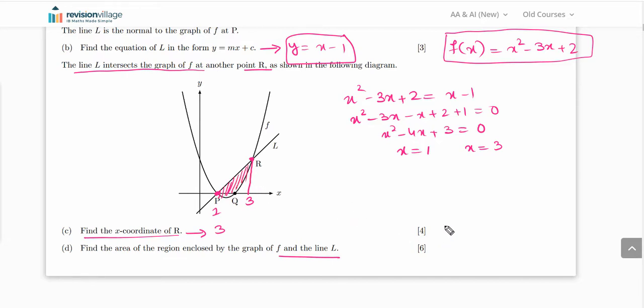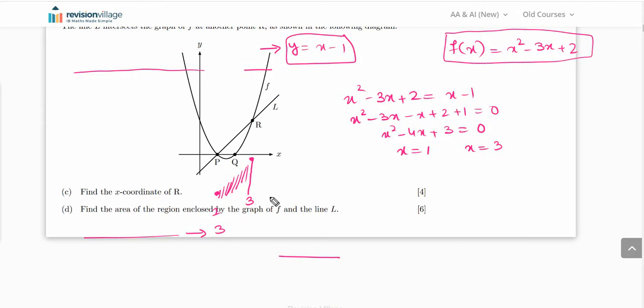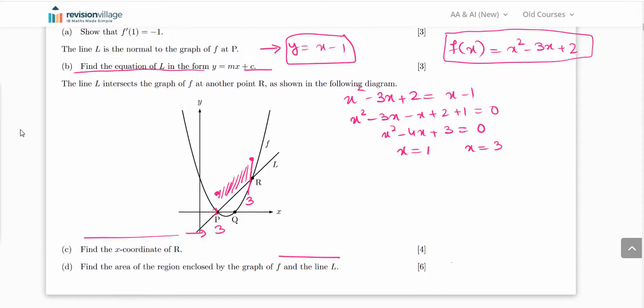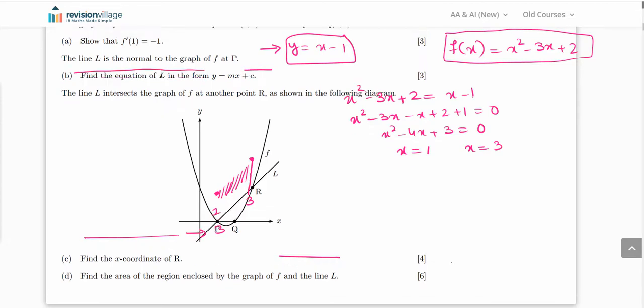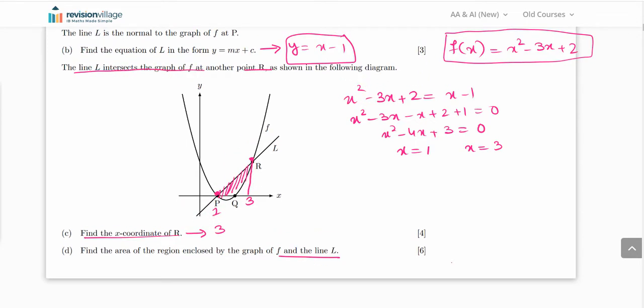For this one we have to use the concept of integration.